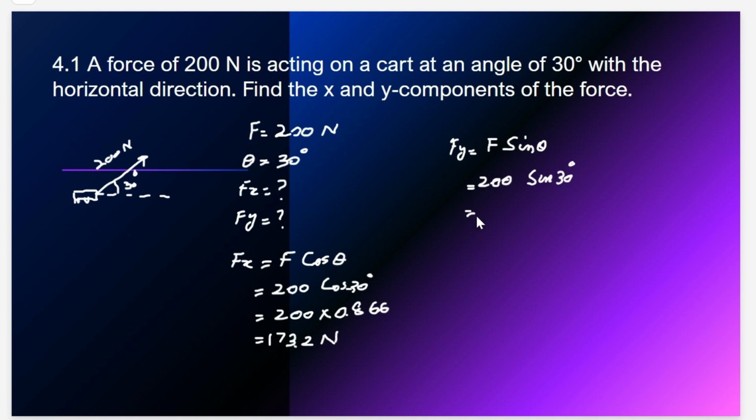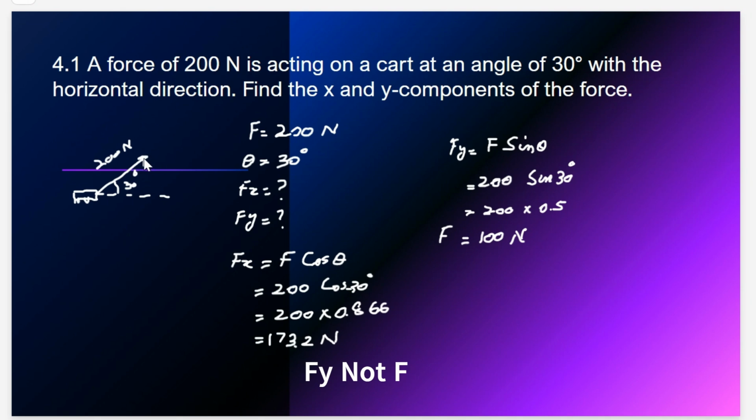And using the scientific calculator and calculating the value of sine 30 and putting it here, we will get that this is 0.5 or 1 by 2, and multiplying this with 200, it will give us 100. Since the force is represented in Newton, the y component of the force is 100 Newton.